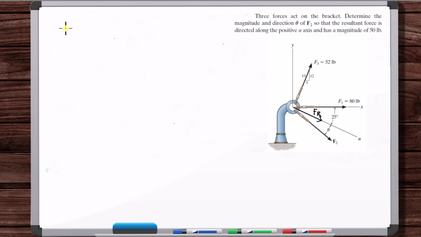So we're given FR. FR is equal to, because we're given the magnitude of FR and we're given its direction, as far as the X and Y components, it's 50 cosine of 25, and it's positive in the X. Okay, and then it's minus in the Y, it's 50 sine of 25. Well, this is i hat.